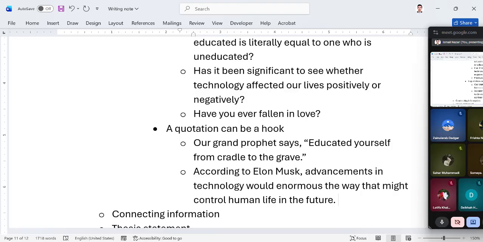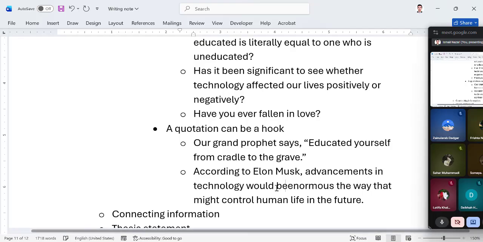So it is a quotation. We have someone else's words and we put it in our essay, introductory part. According to Elon Musk, advancements in technology would be enormous, the way that might control human life in the future. So it could be one of them.